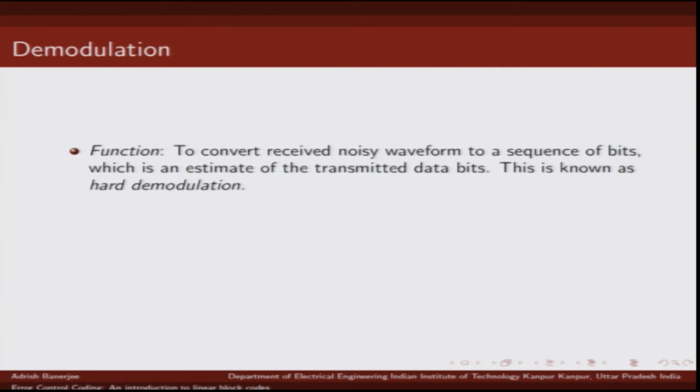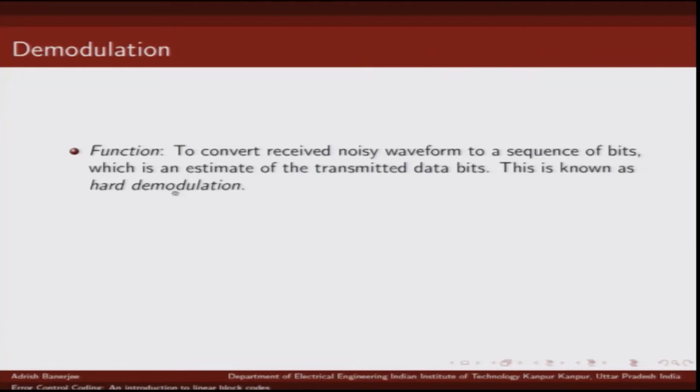Now, the next block in our digital communication system was demodulation. What does demodulation do? As a result of passing through the communication channel, we get a very noisy waveform, and from that noisy waveform we want to get an estimate of what the transmitted bits are. When we demodulate to get back the original bits, zeros and ones, that is known as hard demodulation.